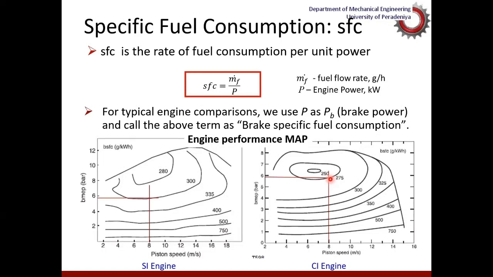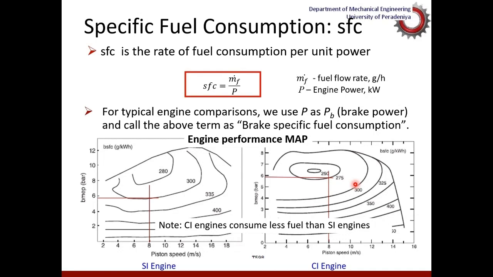So it is clearly indicated that compression ignition engines consume less fuel compared to spark ignition engines at the same operation level. In this case, this is 300 grams and this is 275 grams. Therefore, this clearly indicates that compression ignition engines are more efficient than spark ignition engines. The reason is very simple.